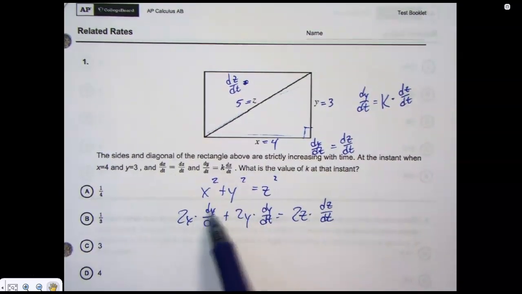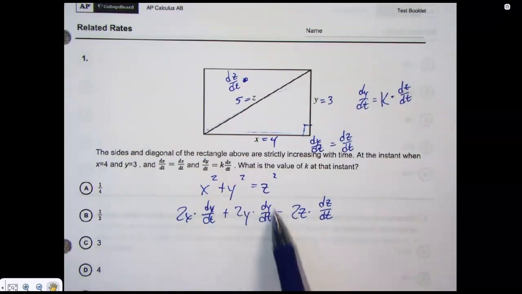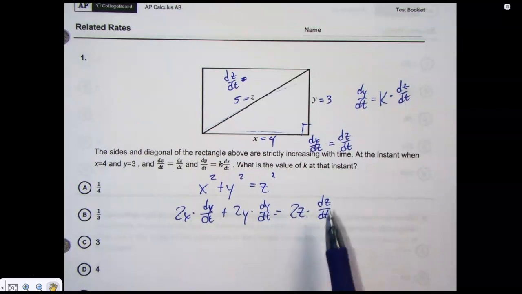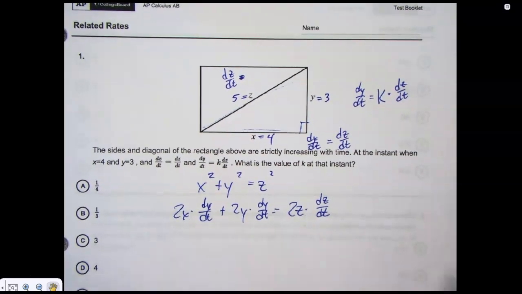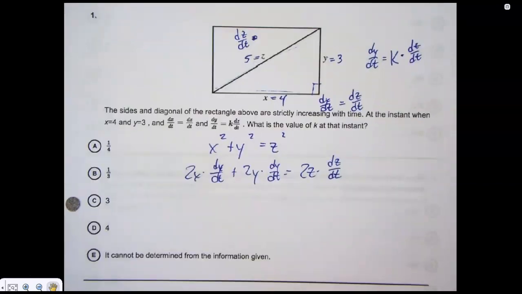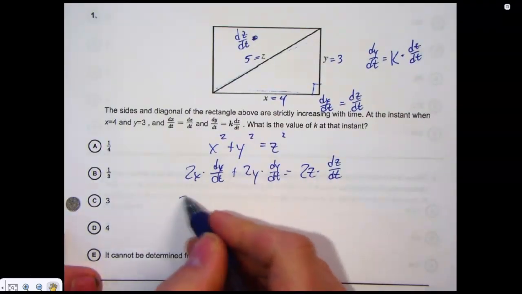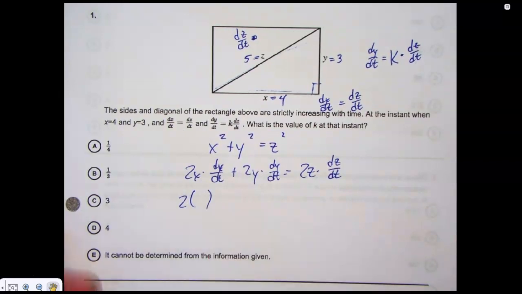This, I'm going to substitute the thing with dz/dt in it. This, I'm going to substitute the thing with dz/dt in it. This, I'm going to leave as dz/dt. So I'll have dz/dt in there, and I'll have a k in there, which is z. My job is to solve that. So the first time you see these, they're a little weird, but I don't think it's too bad.